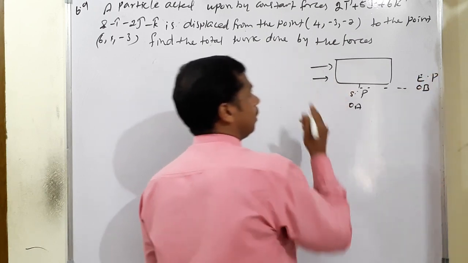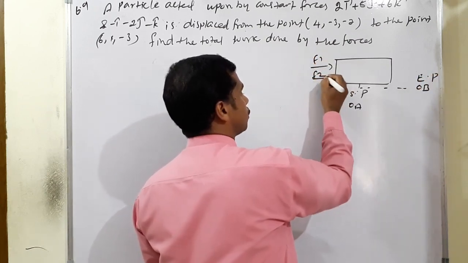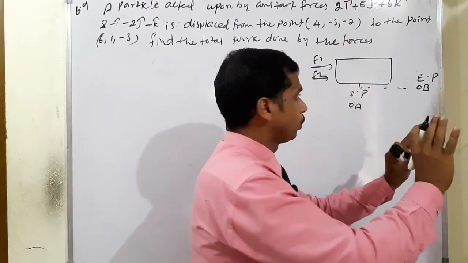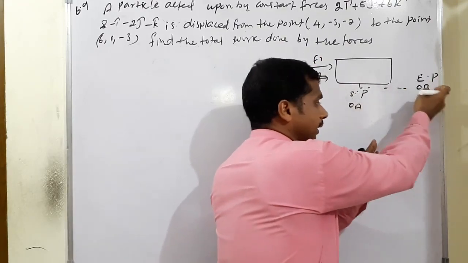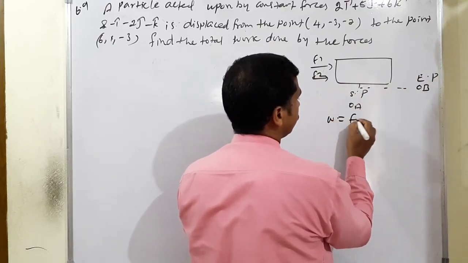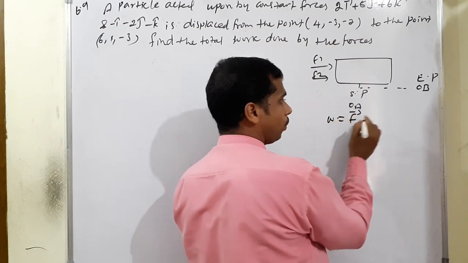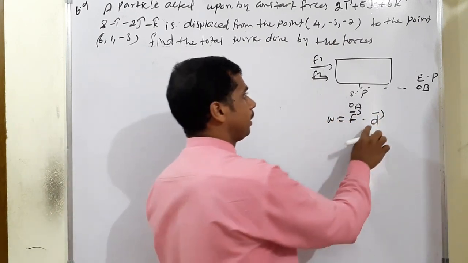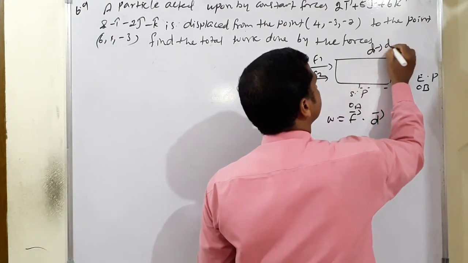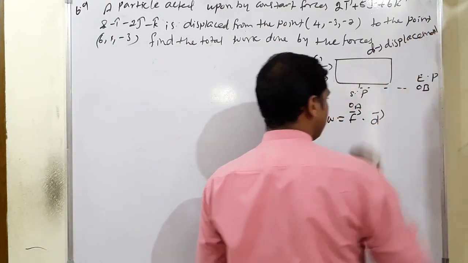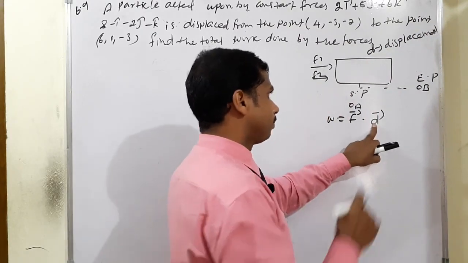The force 1 and force 2, if you apply them from the starting point to the finishing line, what will happen? The work done formula is equal to F, force, dot D. D is called displacement. Okay.